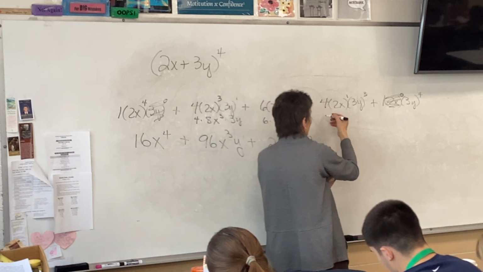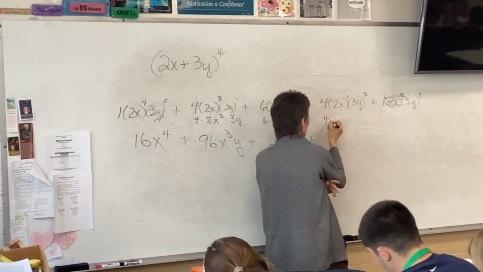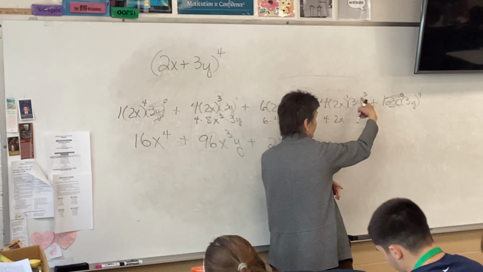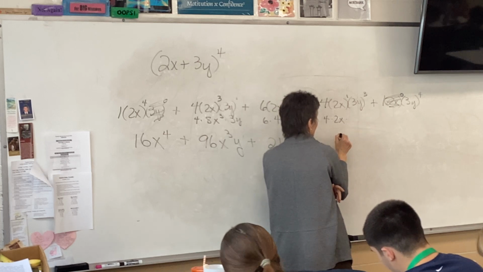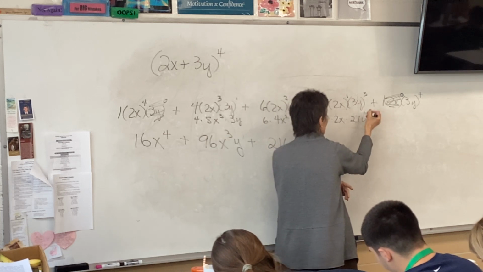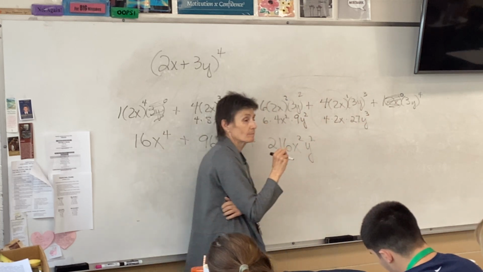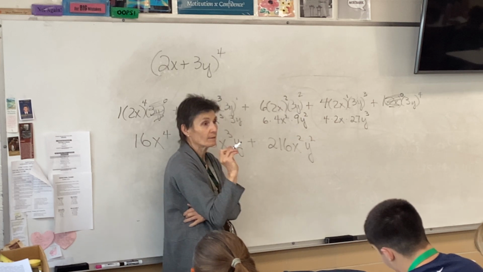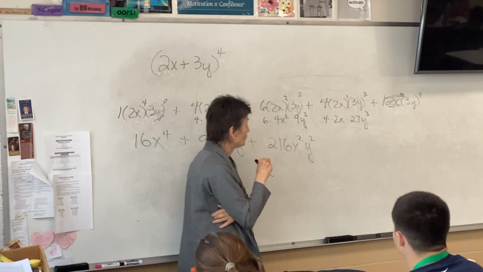All right, what am I multiplying here? 4, a 2x, and a what? 27y cubed. 3y, 3y, 3y, 27y cubed.